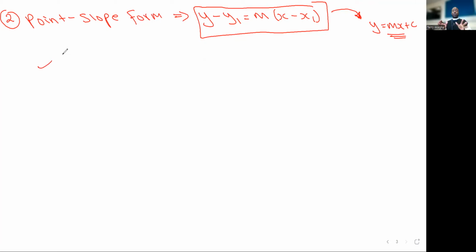When we use this point slope form, it's only when we have 1 point and 1 slope.